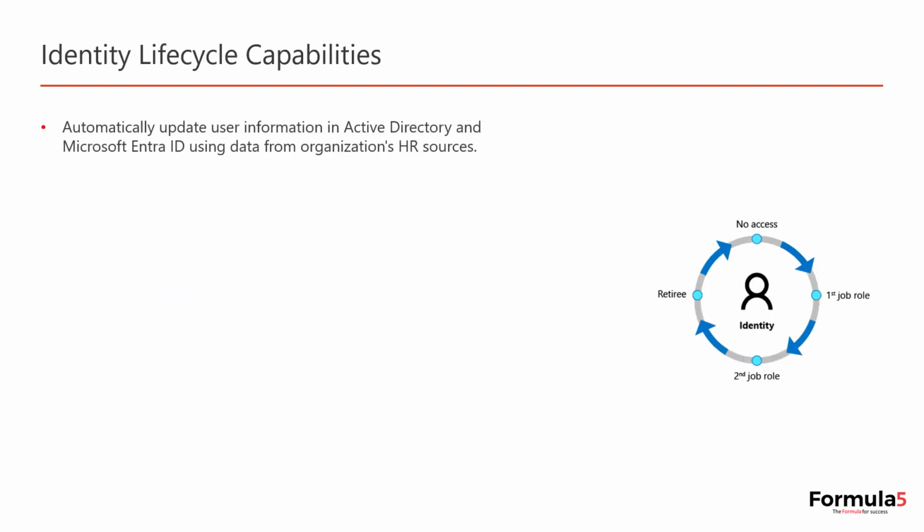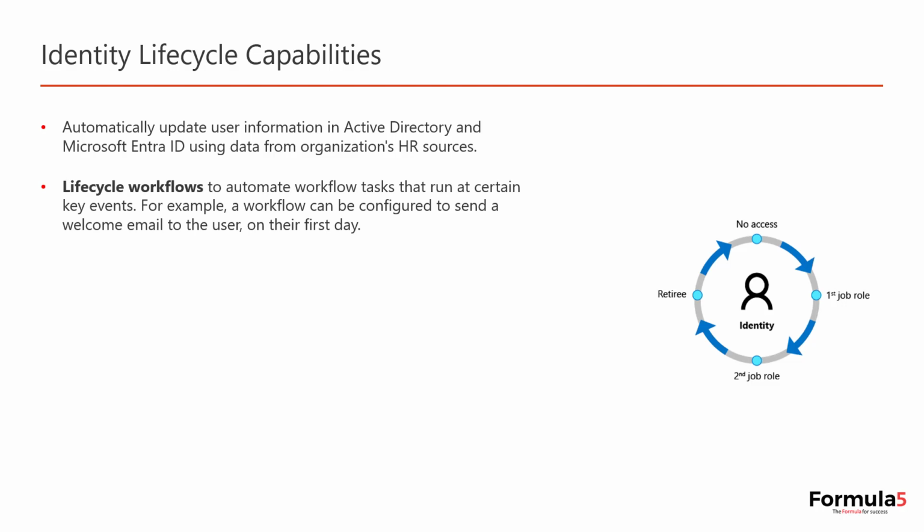With ID Governance, we can automatically update user information in on-premises Active Directory and Microsoft Entra ID using data from the organization's HR sources. We can utilize lifecycle workflows to automate tasks that can run at certain key events. For example, a workflow can be configured to send a welcome email to the user on their first day at work.